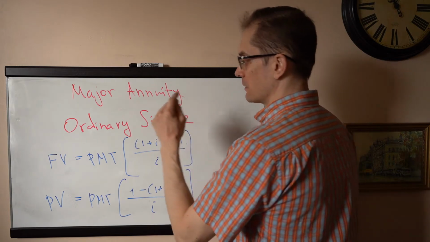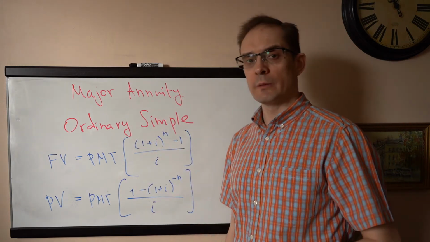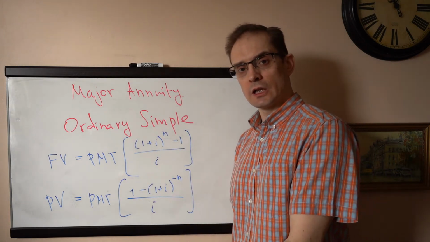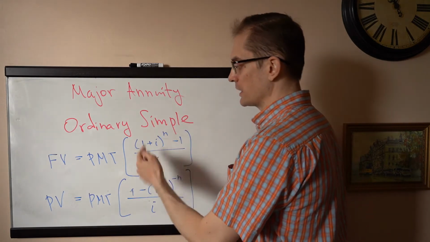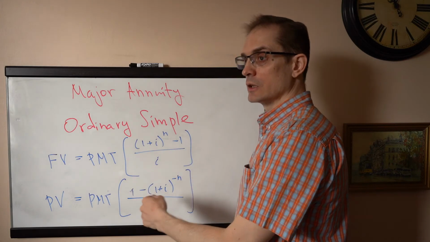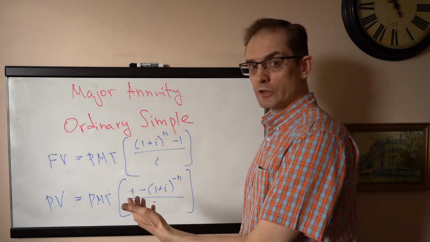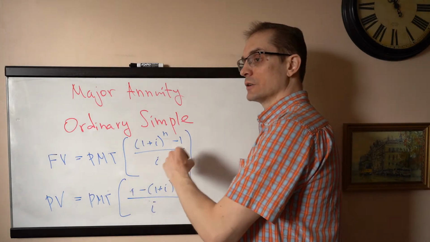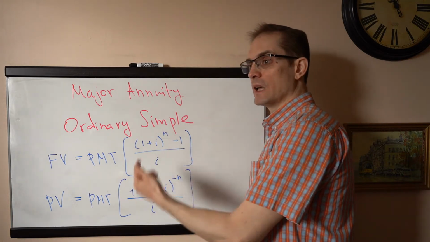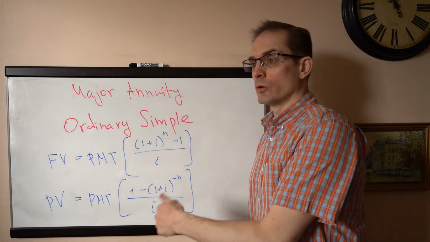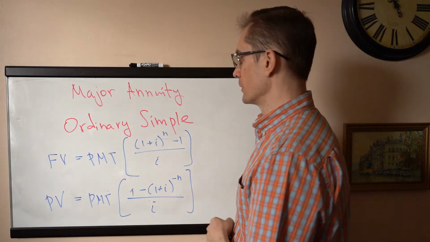That is, for the annuity where each payment is at the end of each interval of time, and also the rate compounding frequency, how many times the rate is compounded per year, should be the same as your payment frequency, which is how many payments you pay or collect per year.